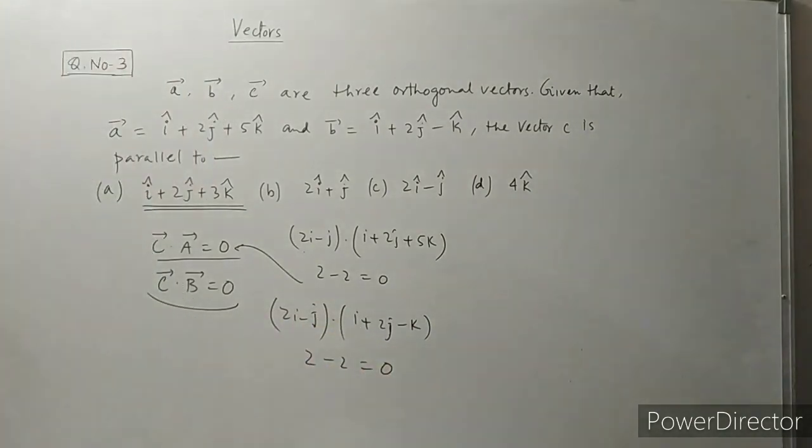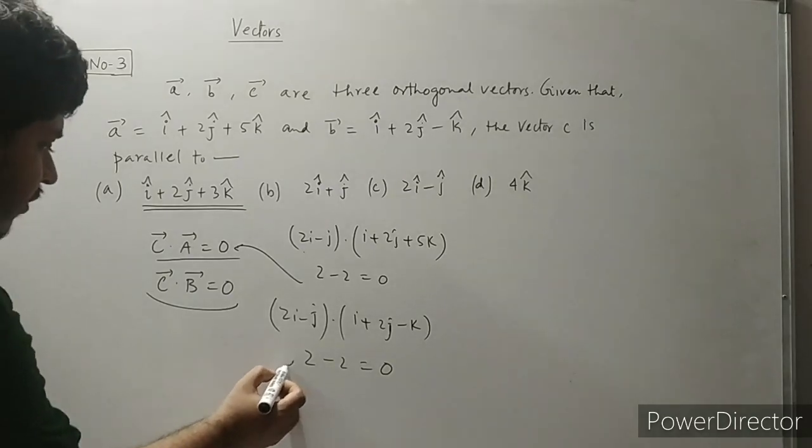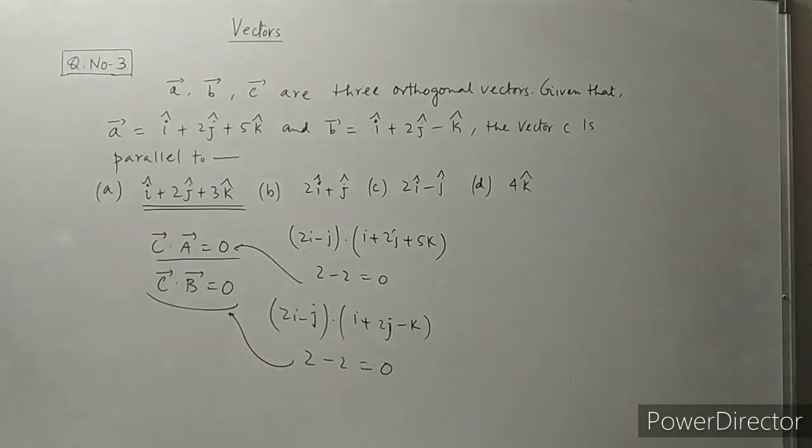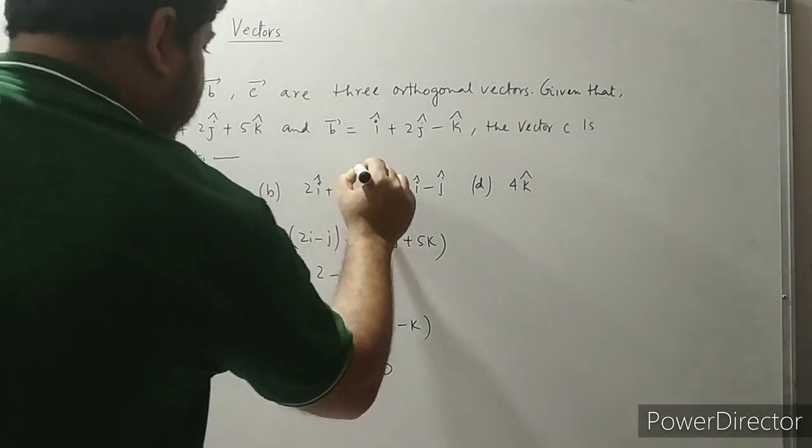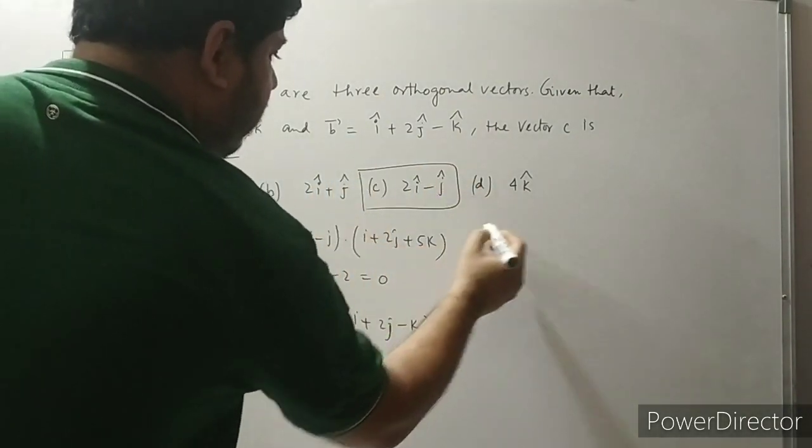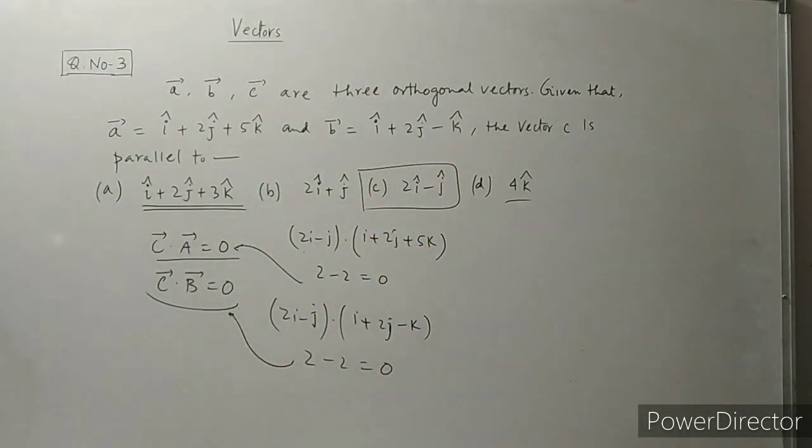Again it comes to 0, which means it satisfies both conditions. A dot C is equal to 0, and B dot C is also 0. So the correct option will be option number C. You can also check with 4k, that will not be equal to 0. So for this case, the correct option will be option number C. Fine, clear?